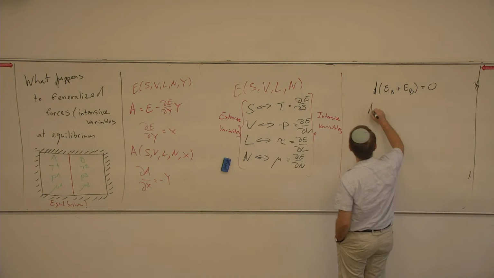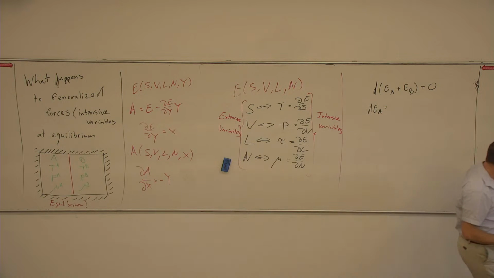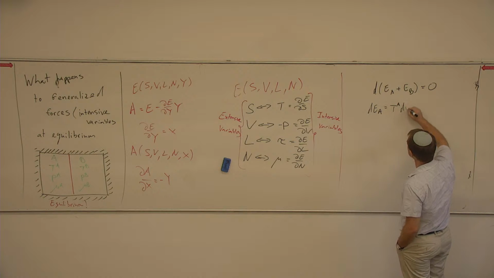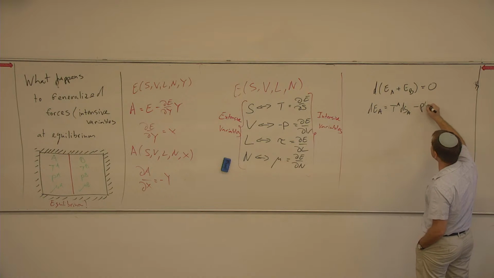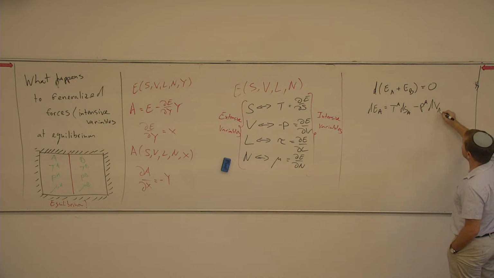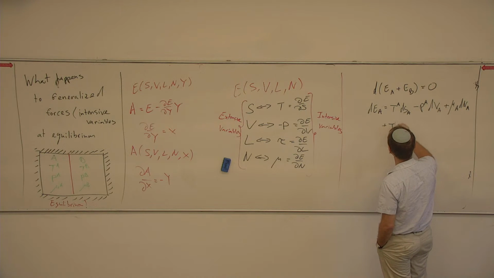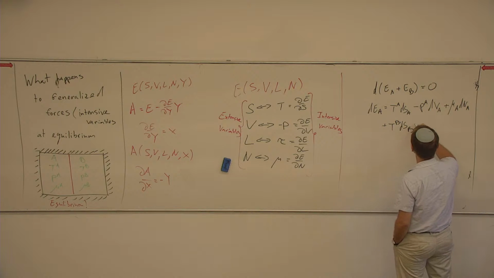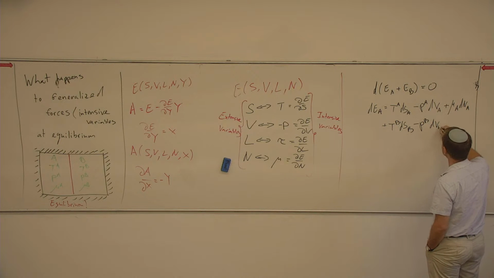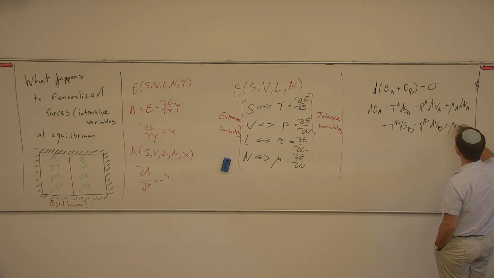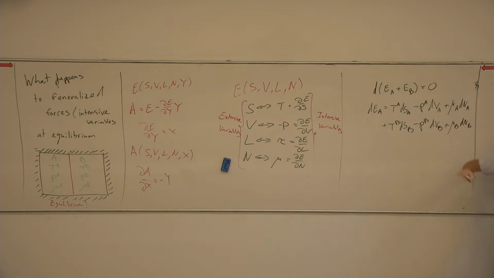Now, what is dE_A? It is T_A dS_A minus P_A dV_A plus mu_A dN_A, plus T_B dS_B minus P_B dV_B plus mu_B dN_B. A lot of intensive variables and a lot of extensive variables, and we have two different systems, so quite a mess, but there are connections between all the extensive variables.